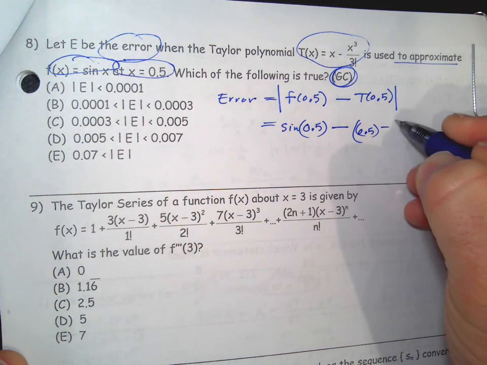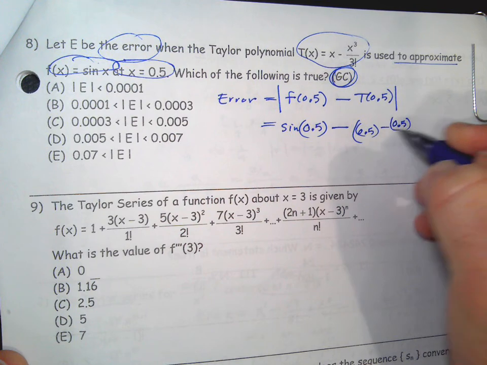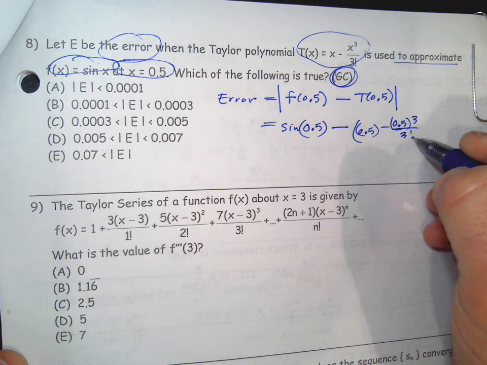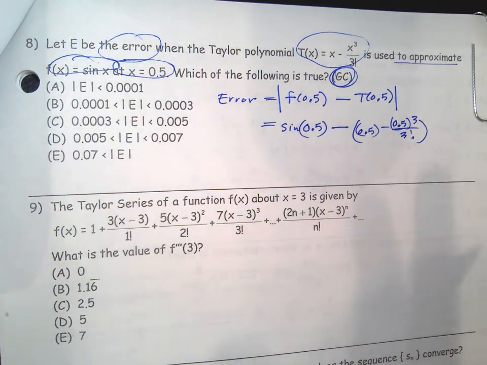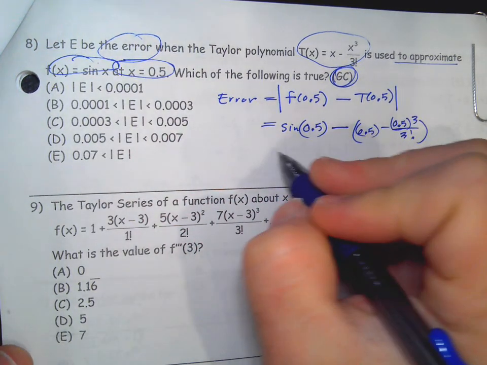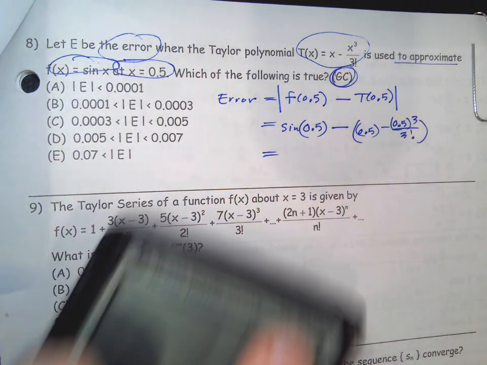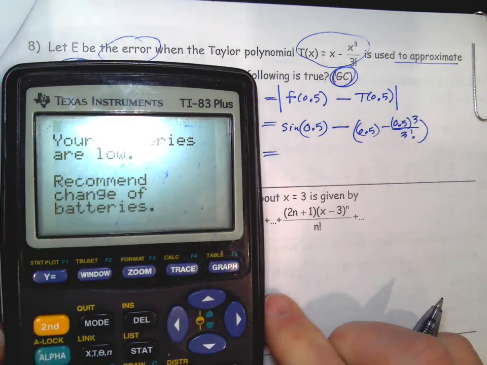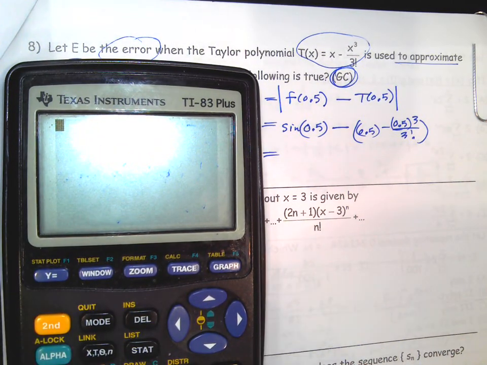Wherever we see x, that's going to be the estimate. If we took the infinite terms, it should approach the actual value. So on my calculator, I'm going to say sine of 0.5 minus 0.5 minus 0.5 to the third power divided by 6.